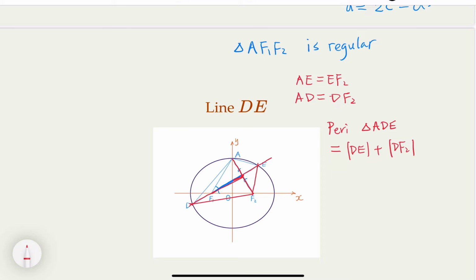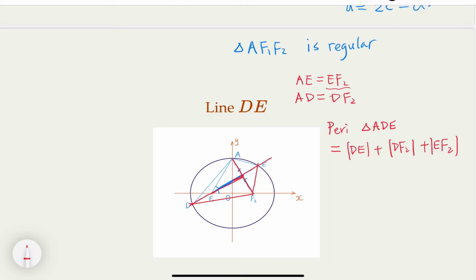AD equals DF2, and also AE equals EF2, right? So this is EF2.